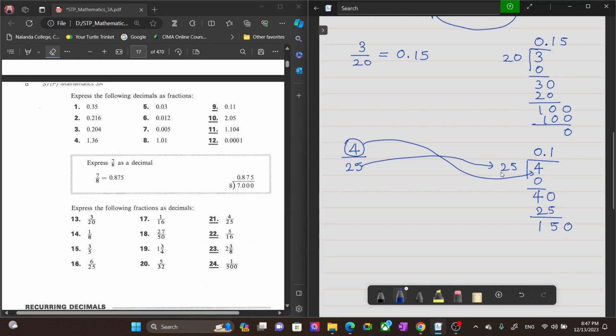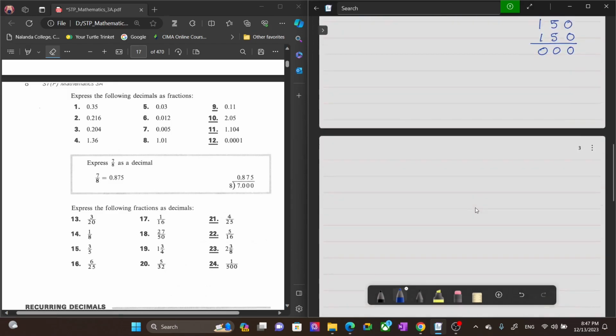How many 25s are there in 150? 6. 25 times 6 is 150. Then we subtract, we get zero. Then the division is over. The answer is 0.16. So you get the idea.